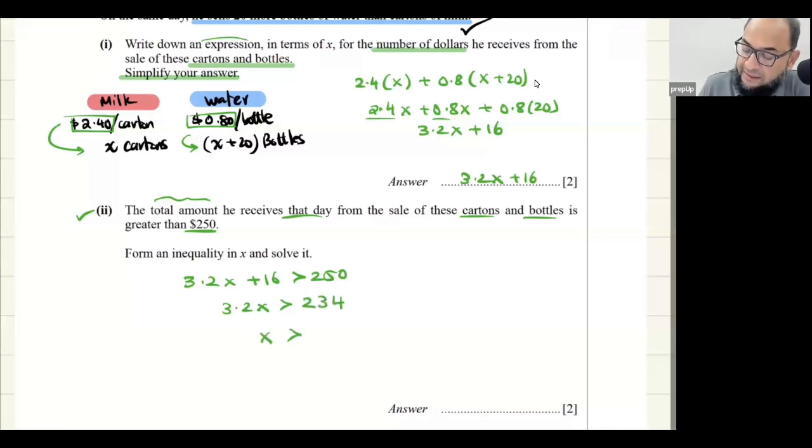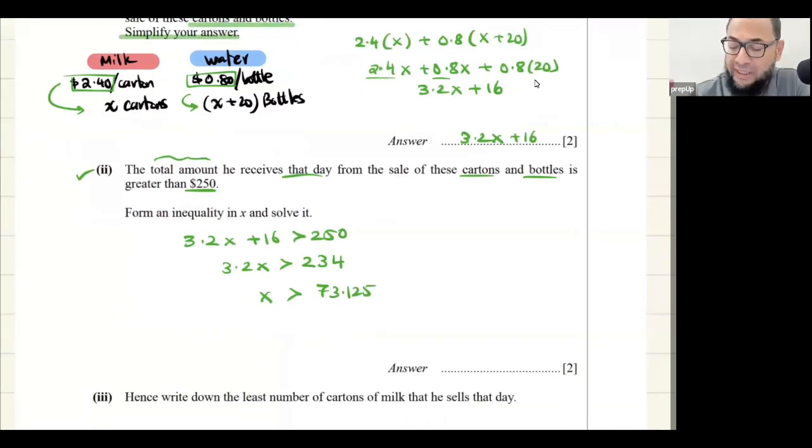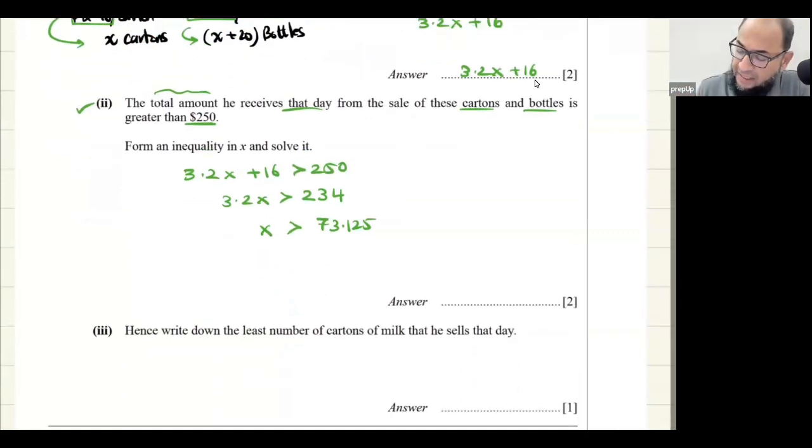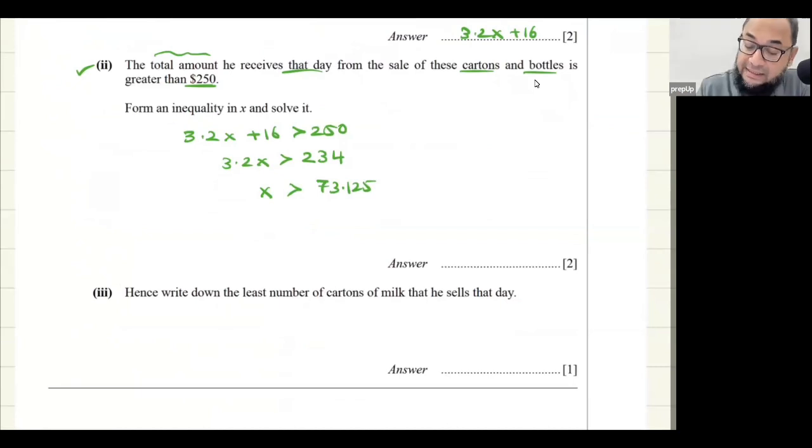And therefore x is greater than, just divide. So 234 divided by 3.2, that comes out to be 73.125. Now officially we have not studied inequality as of yet, but it's just a simple basic inequality that you're aware of. Hence write down the least number of cartons of milk that he sells that day.